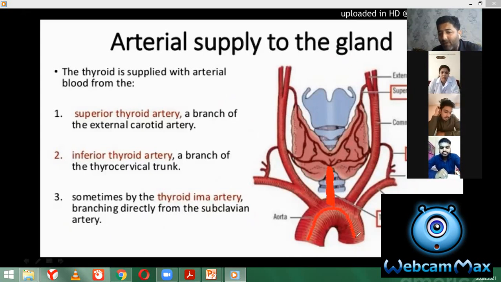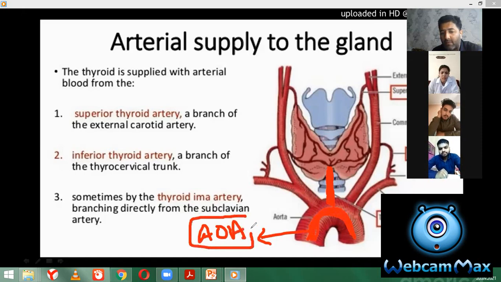This is the arch of aorta, Jat Sahab. This is the arch of aorta, Rizwana Sultana. So this is your thyroidea ima artery. So this is the blood supply.